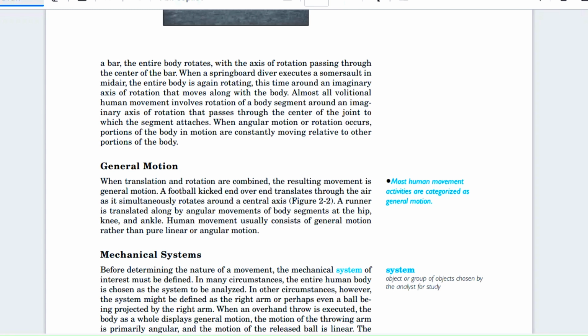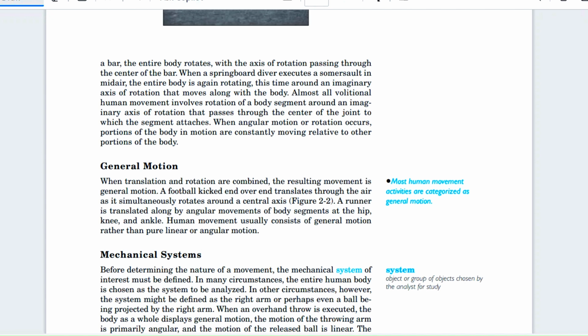So this is the mechanical system of interest that you are going to choose before starting any analysis. It is easier for you to understand if, before starting, you keep in mind that you are going to focus on a single limb, or on the lower limbs, or on the upper limbs. So majorly the mechanical systems in motion analysis is related to that.